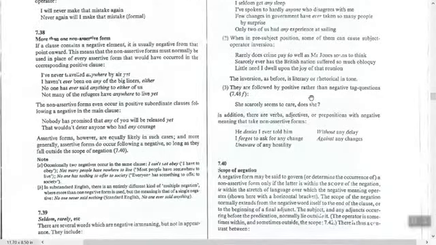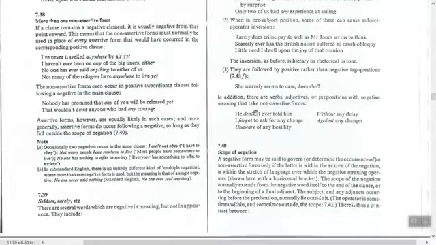They are followed by positive rather than negative. She scarcely seems to care. Does she? See here, scarcely does she seem to care. In addition, there are verbs, adjectives or prepositions with negative meaning that take non-assertive forms. You see here, we have also verbs and adjectives.